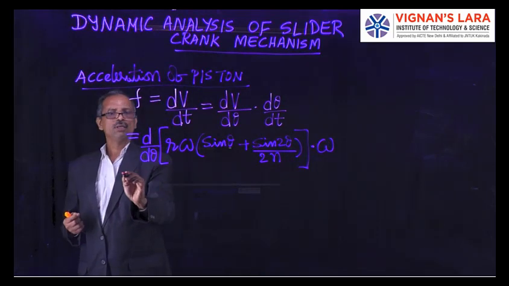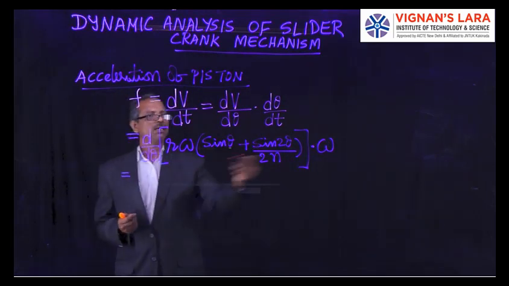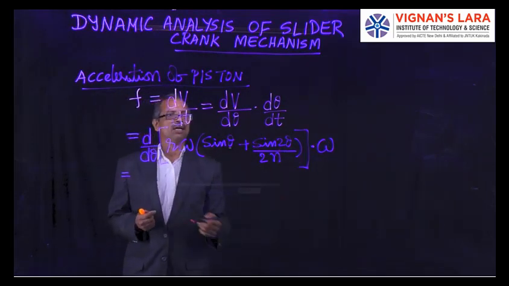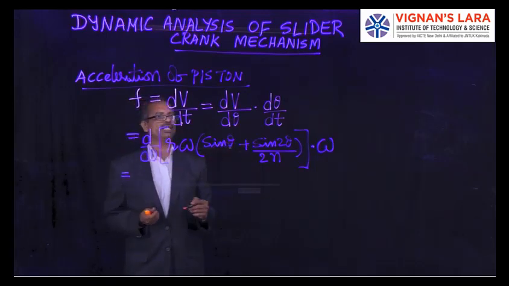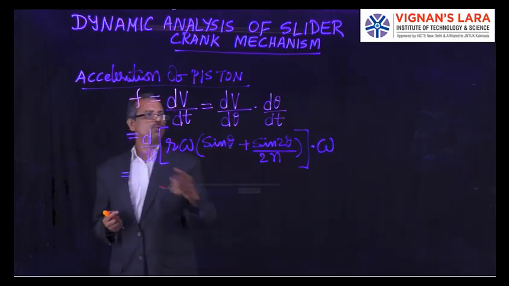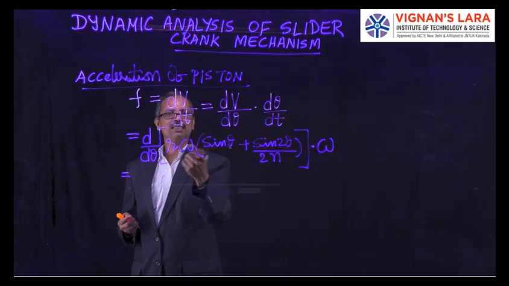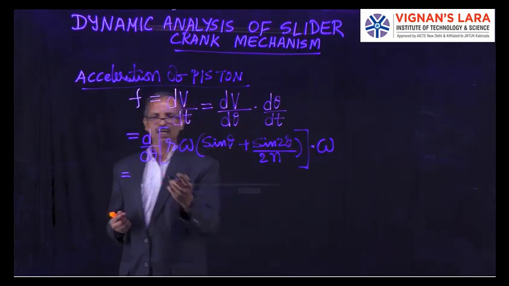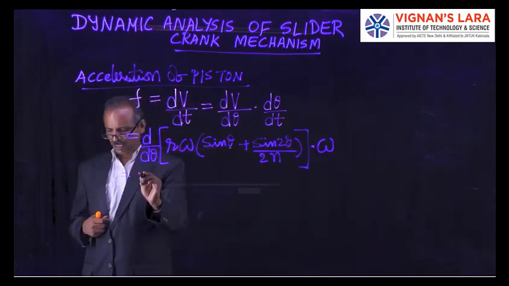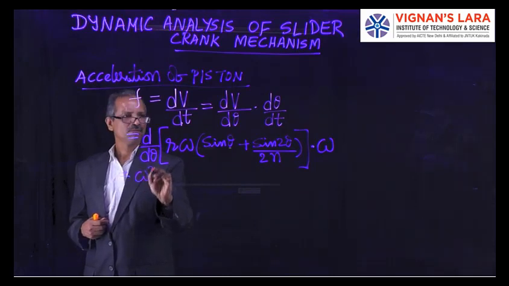Now I can differentiate sine theta and sine 2 theta by 2n with respect to theta. I will take this r omega and this omega outside, that is omega square r.